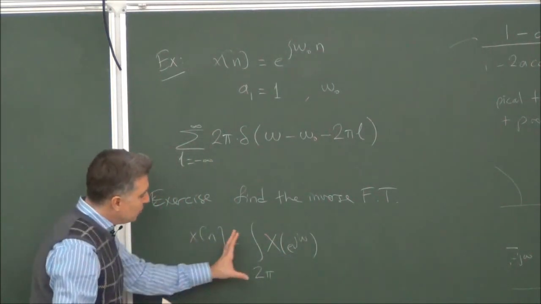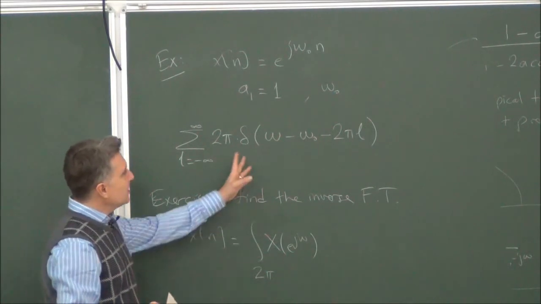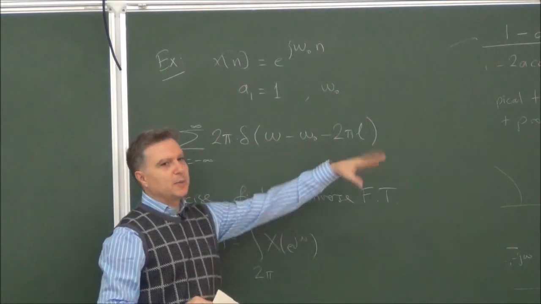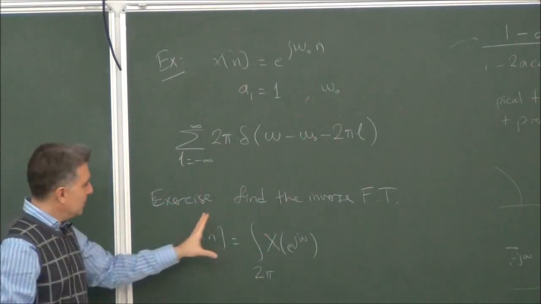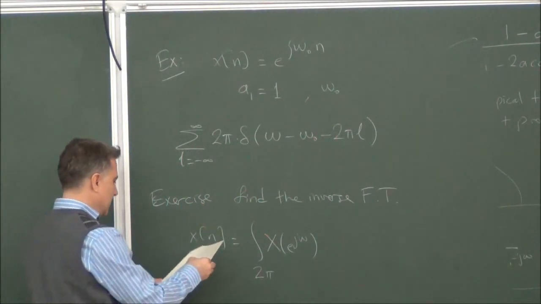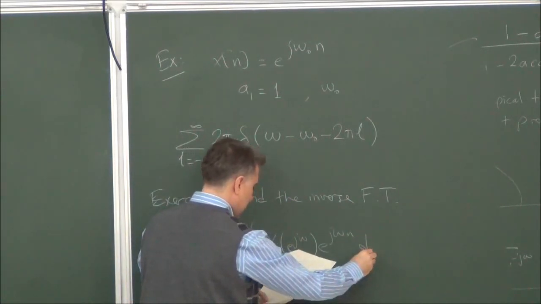Whenever you restrict your integral within a 2 pi interval, it means that you don't have to deal with the 2 pi replicas. Only one set of those impulses is sufficient inside the integral, times e to the j omega n d omega.